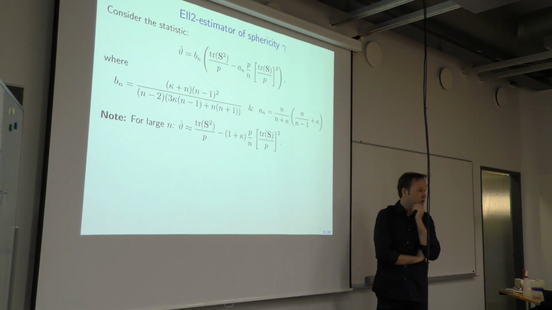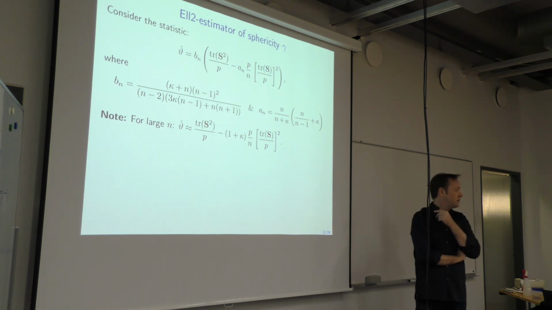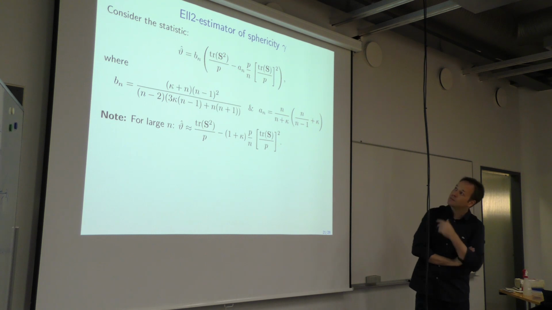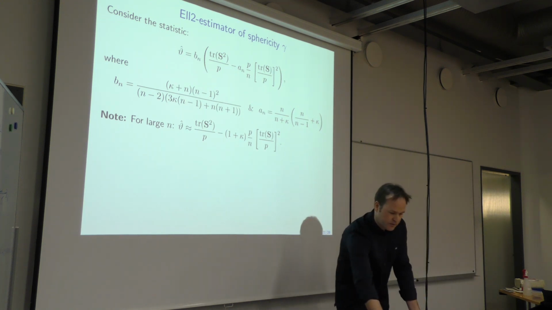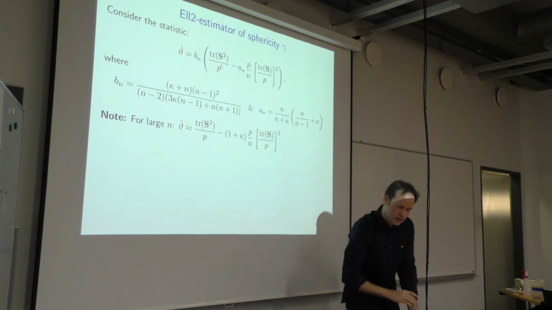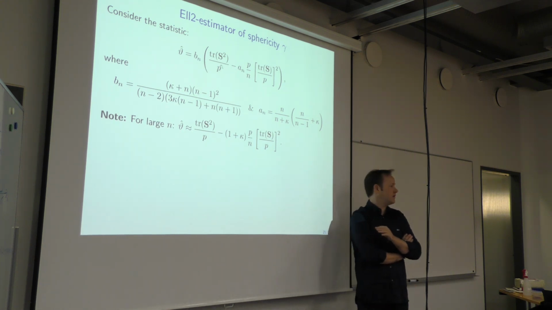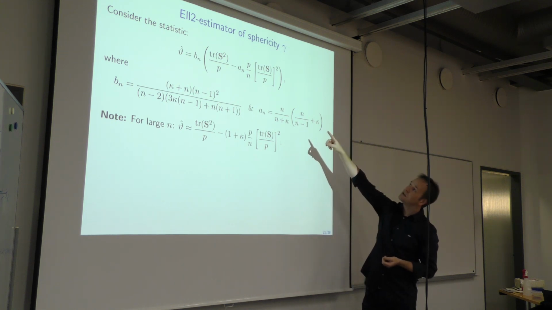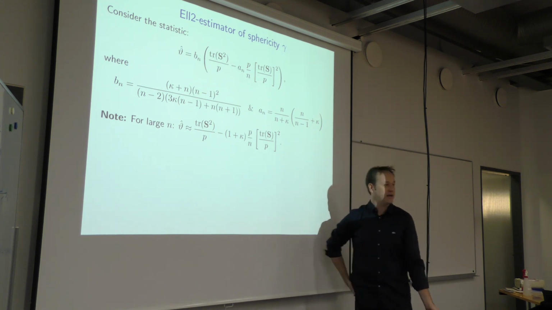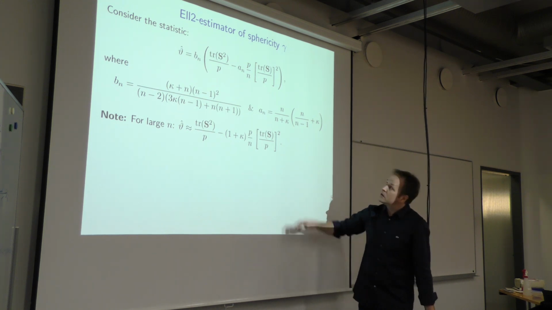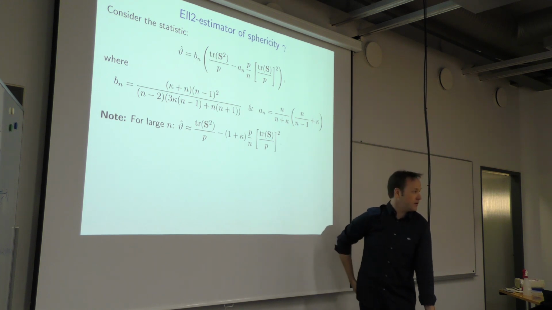It looks a tiny bit more complicated. It's based on the sample covariance matrix, actually the trace. So for example, the first part here is the mean of the squared sample eigenvalues. And the next statistic, the one with the squared sign, is the mean of the sample eigenvalues. And then you just scale them properly.